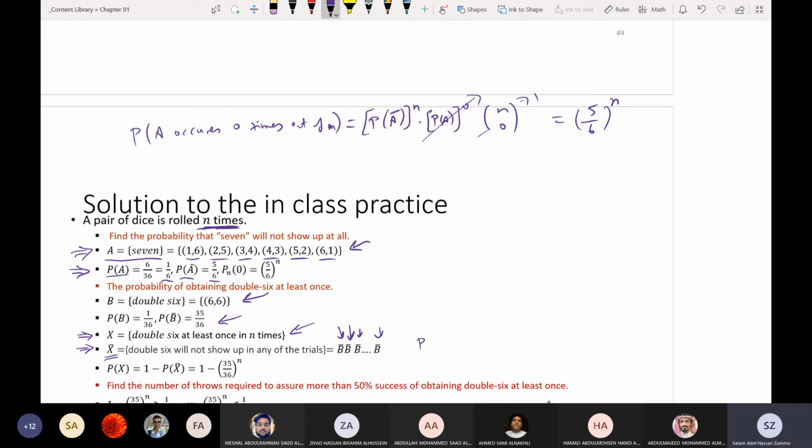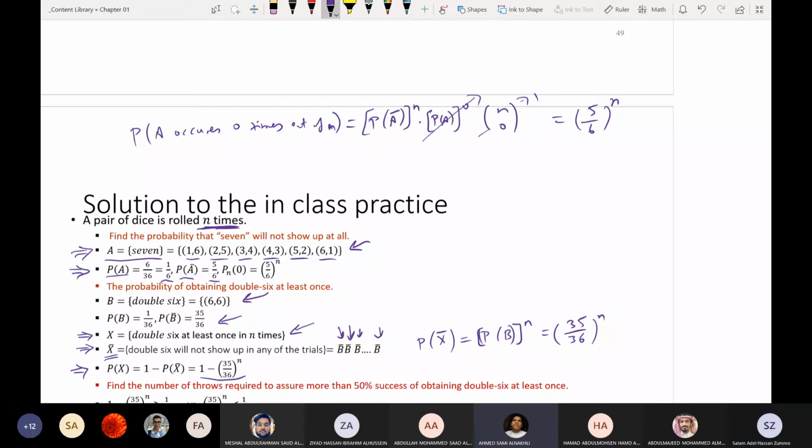So the probability of X bar, which is the complement of X, equals the probability of B complement to the power n. Right? صح يا شباب ولا لا؟ Yes. Which is 35 divided by 36 to the power n. Which makes the probability of X, اللي هو اللي احنا interested في, double six at least once, equal to 1 minus the probability of X bar, which is 1 minus 35 divided by 36 to the power n.